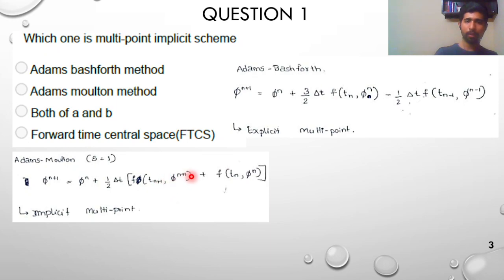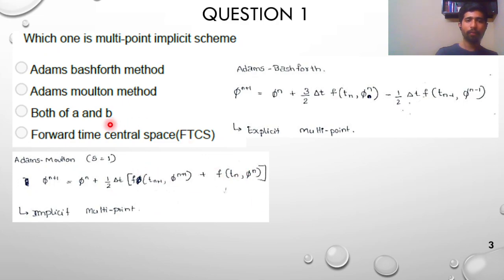So the advection term, u into dou u by dou x, you calculate at n plus 1 also. That is the difference. Now this becomes implicit, right? Because n plus 1 is there on the right hand side also. Again, it is multi-point because you take those function terms at n plus 1 and n. So this is implicit multi-point.